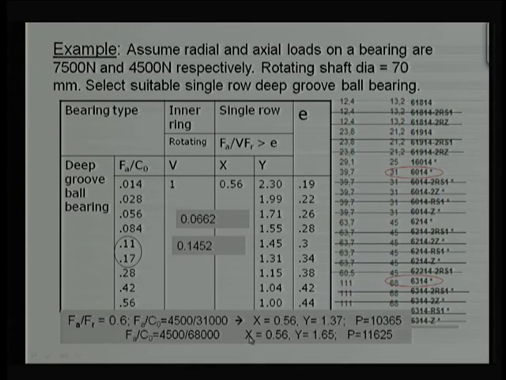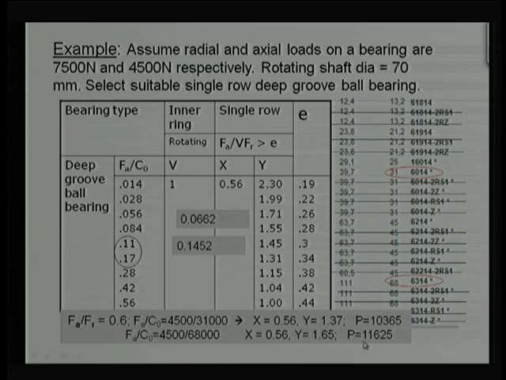Same thing for the second bearing, which is 6314. We have x equal to 0.56, multiplied with the 7500 newton. Second will be 1.65 into 4500 newton. So the summation will be 0.56 into 7500 plus 1.65 into 4500 newton.